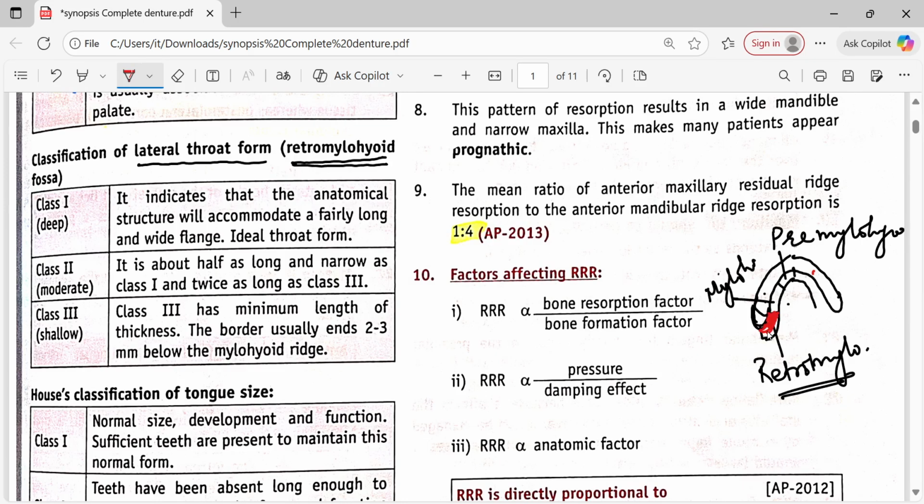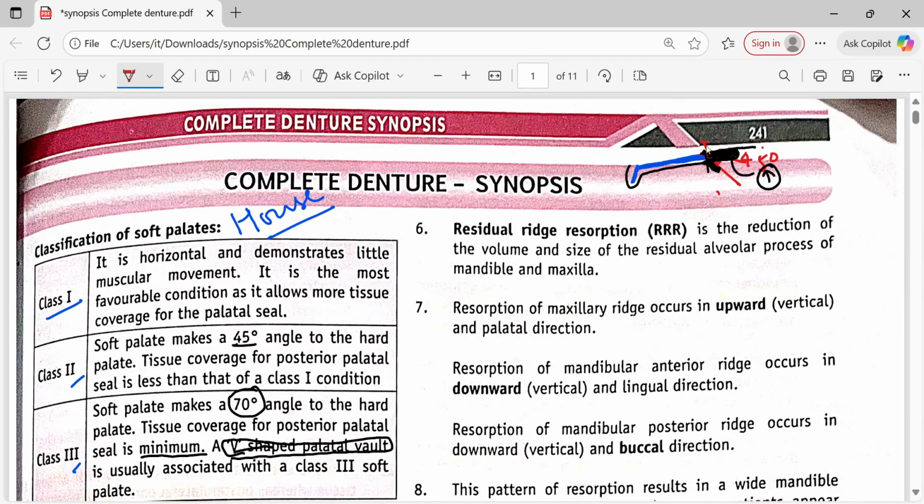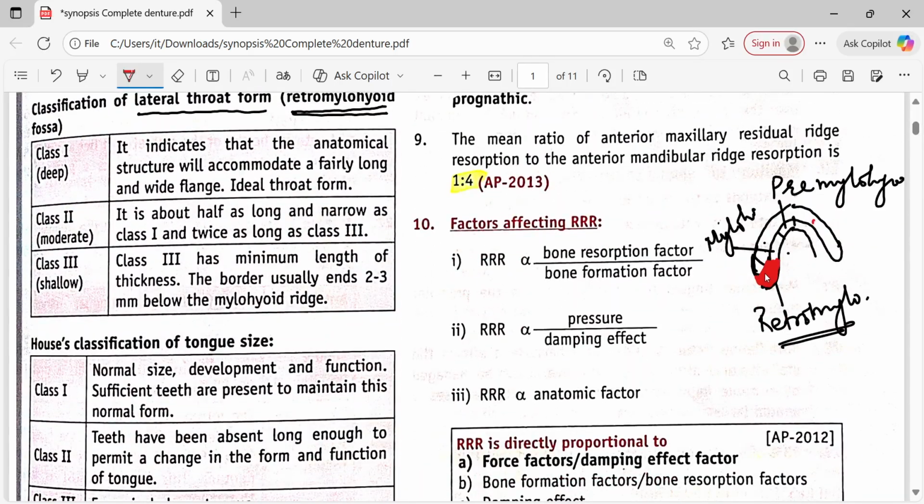Now, why is it important? It is important because it provides the retention of our denture in the posterior area. Similar to the soft palate or posterior palatal seal area in the maxillary complete denture, it is similar to the retention area in the lower denture.